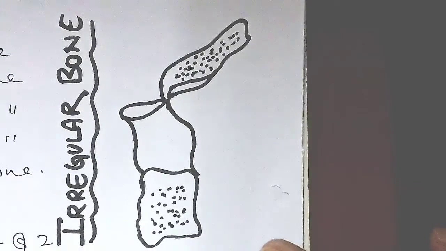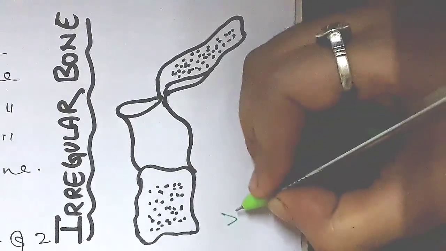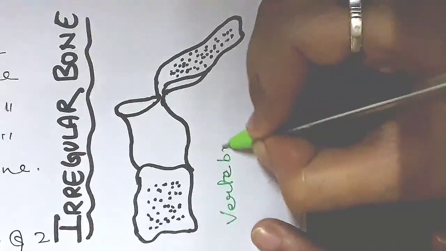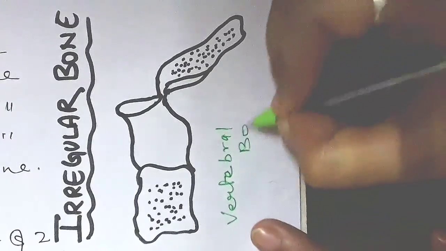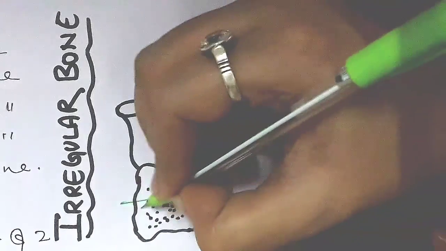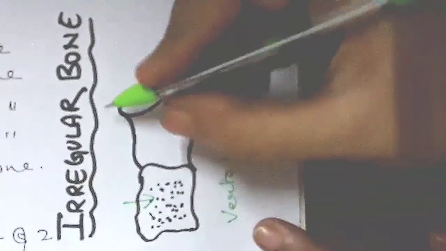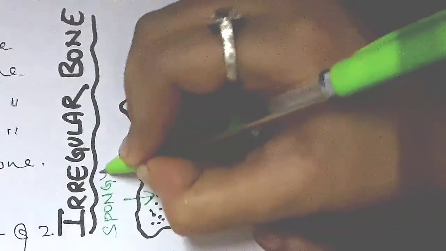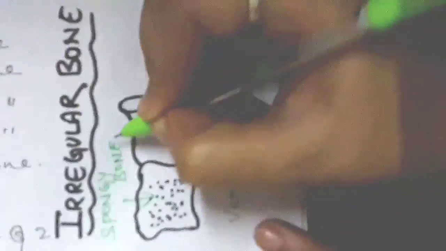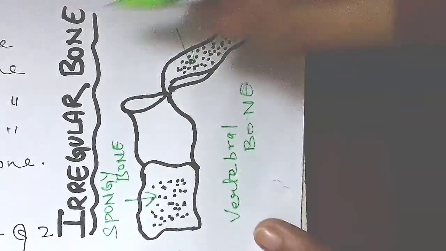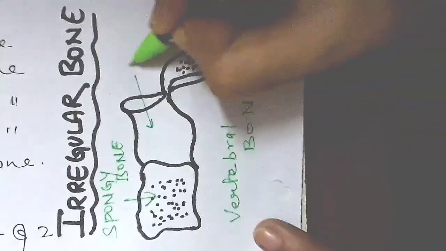Next we have the irregular bone, which is the vertebral bone. The structure is here. Again, it is composed of spongy bone. Here also spongy bone is present, and this one is compact bone again.